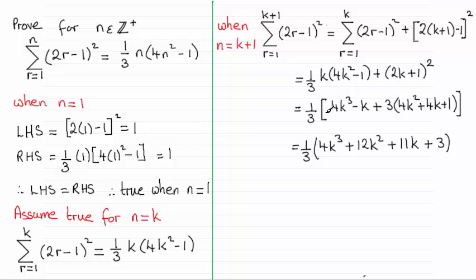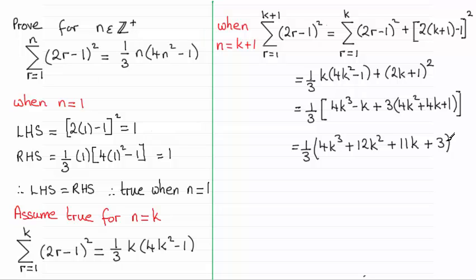Because we took the third out, I need to do 3 times all of (2k plus 1) all squared, which gives me 3 lots of 4k squared plus 4k plus 1. And then expanding this bracket and grouping up the terms, you can see we end up with 4k cubed plus 12k squared plus 11k plus 3.